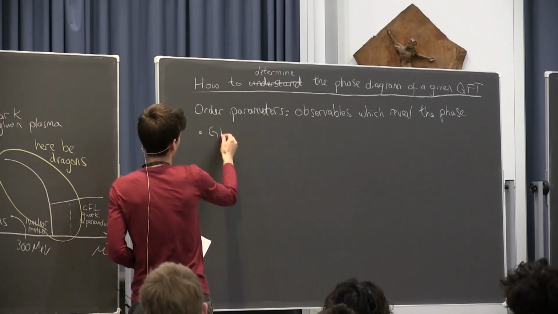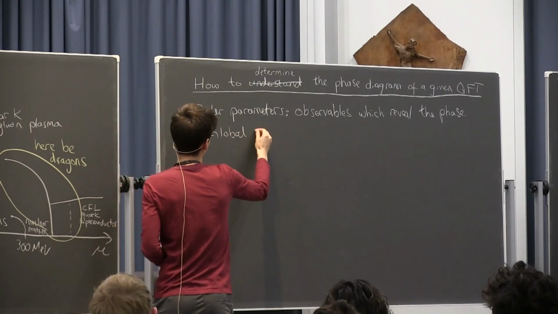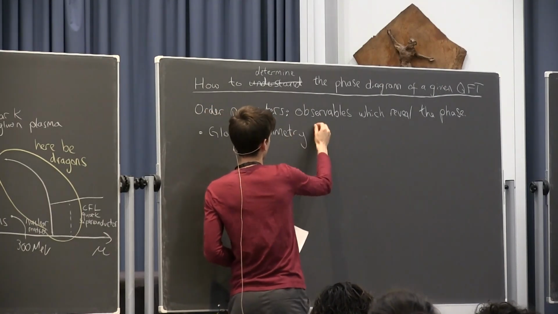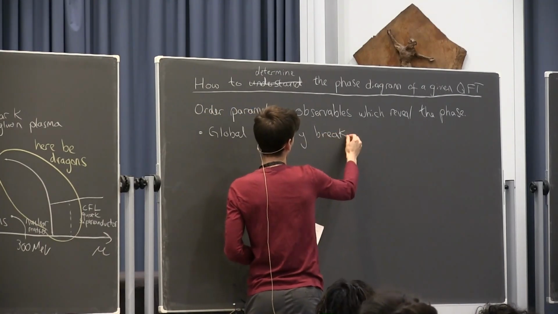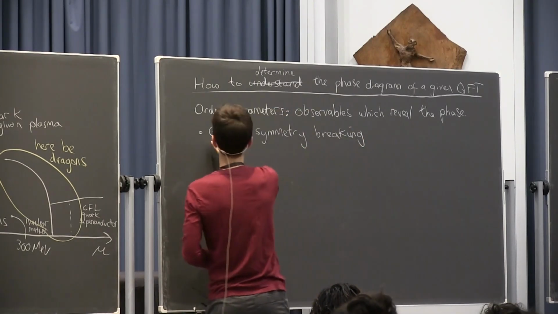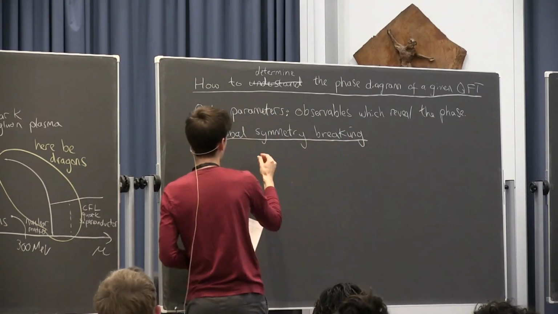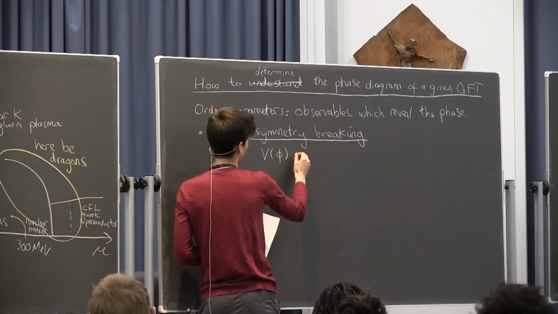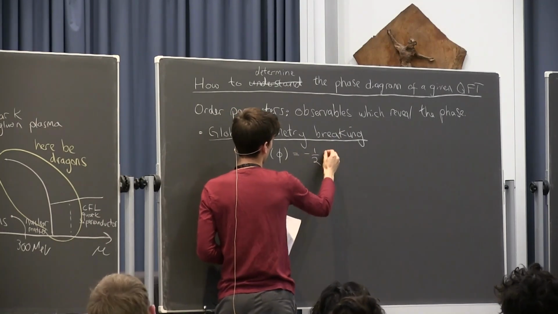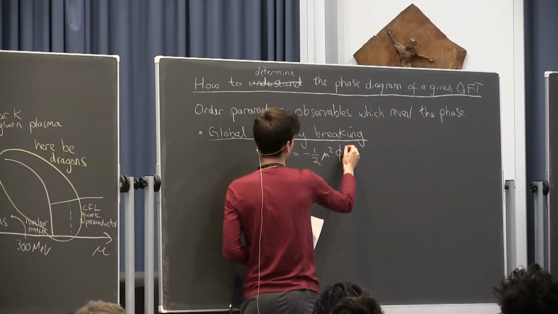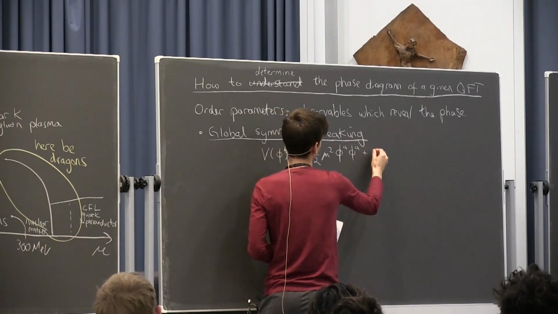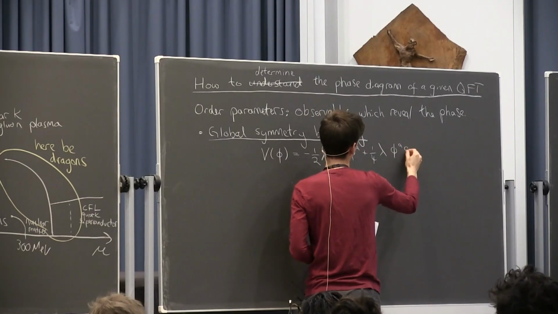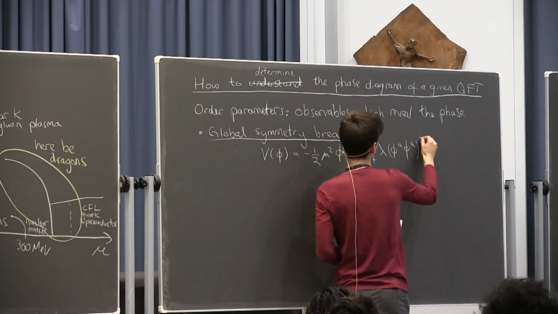I'm going to start with a familiar one, global symmetry breaking, where the order parameter really is the order parameter that we have in the Landau theory. And let's write a potential for some field phi, which looks like -1/2 mu squared phi_a squared plus 1/4 lambda (phi_a squared) squared.